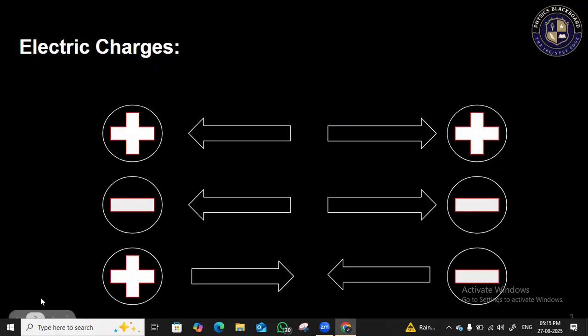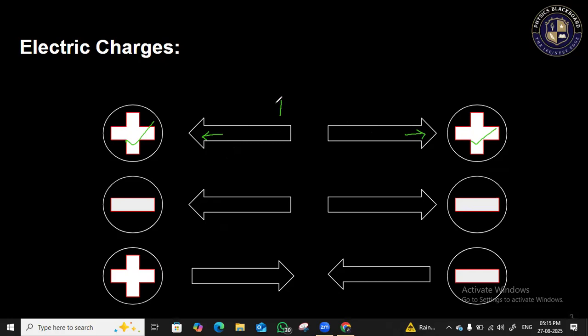Now we see how they experience force when like charges are placed together and when unlike charges are placed together. If you place a positive charge and another positive charge together, you see that they move away from each other.